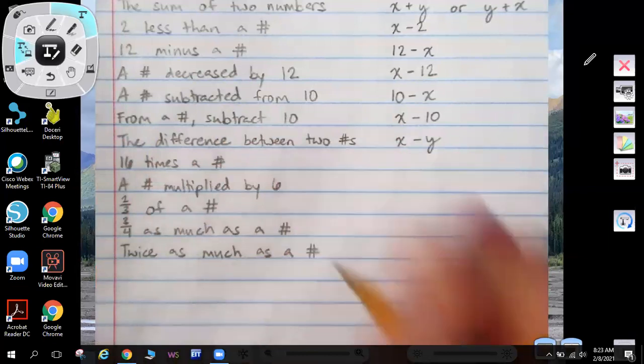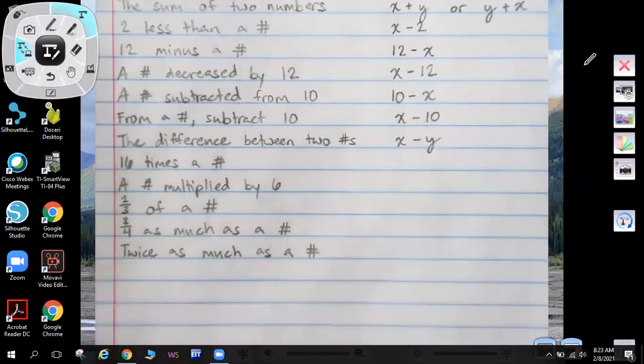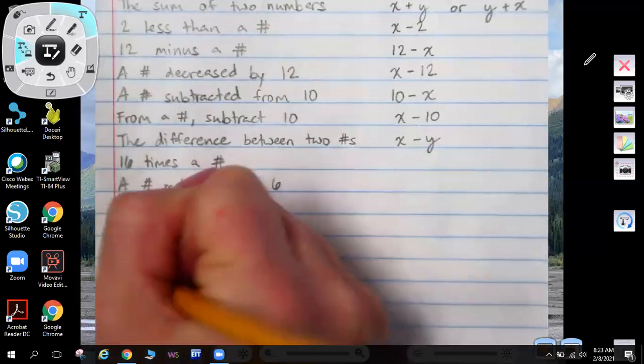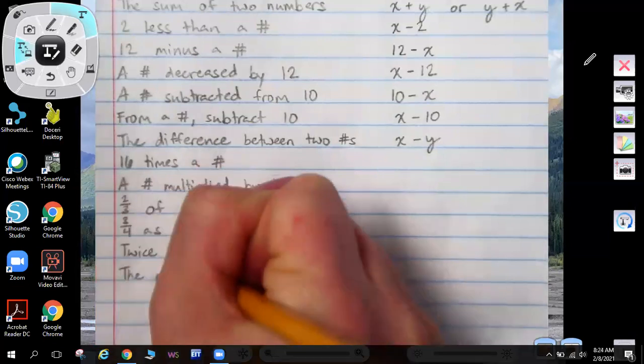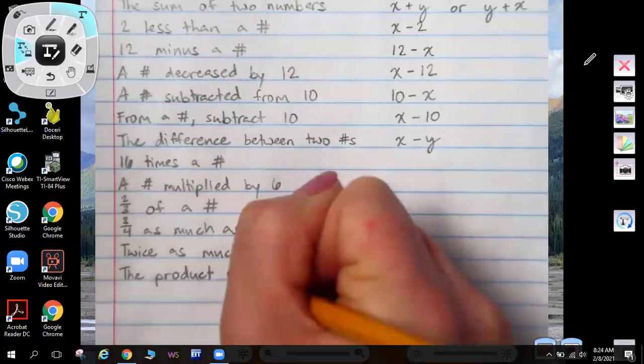Twice as much as a number. And we'll do one more, the product of two numbers.